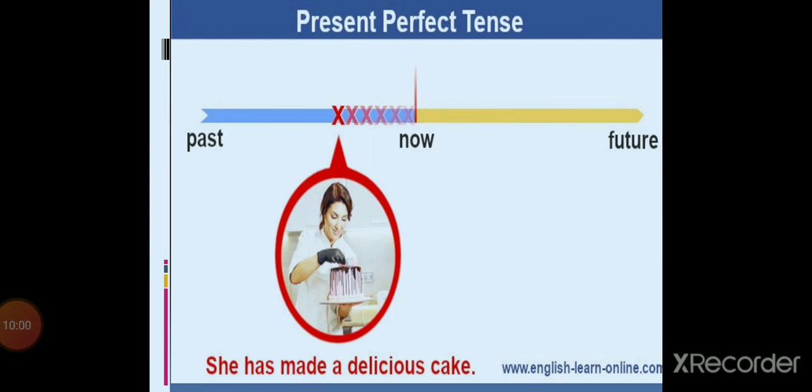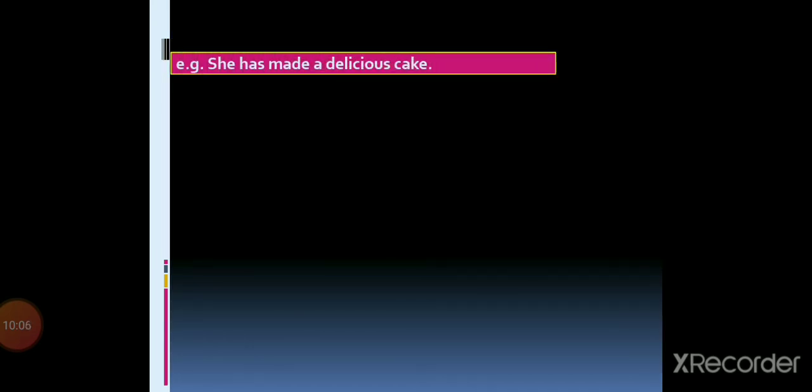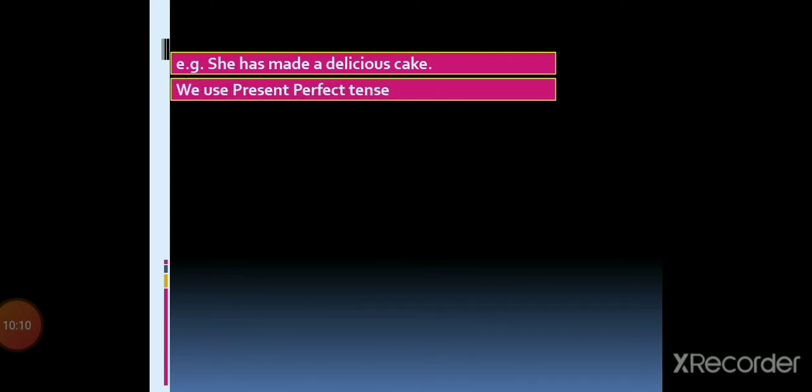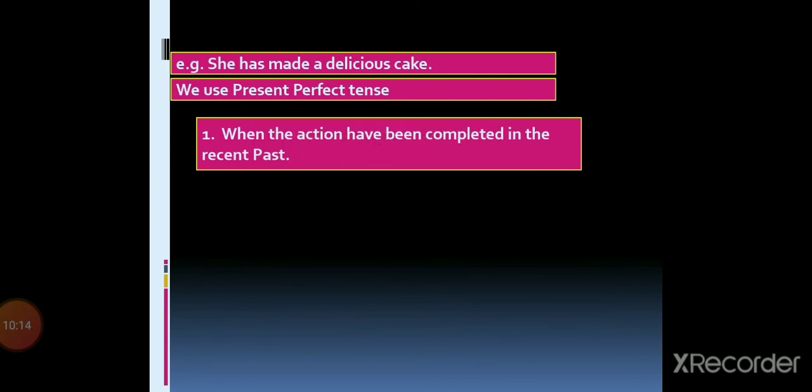Is it clear to all? Right? It means the action has just finished. See the example: she has made a delicious cake. So we could consider this when the action has been completed in the recent past. Again I am repeating, recently, just now.